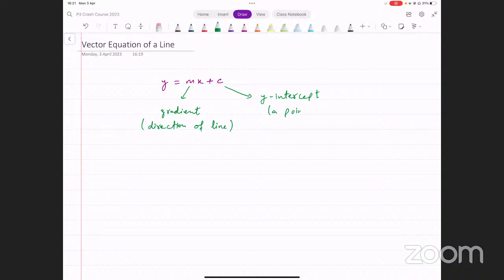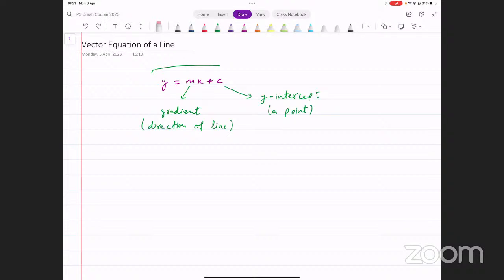But you can say that this is a point that we had there. So in order to write the equation of a straight line, we needed two things. One was the gradient, which gave us the direction of the line. And the other was a point that gave us one point on the line.